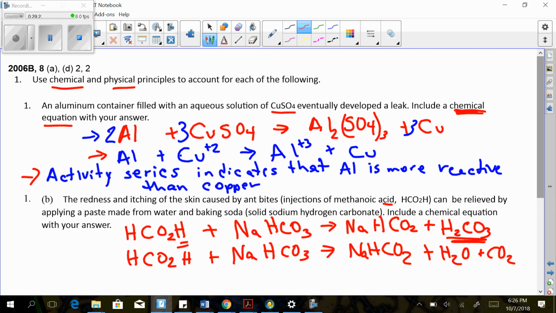Okay. So why does that happen? The baking soda, since it's an acid and a base reacting, it's called a neutralization reaction.